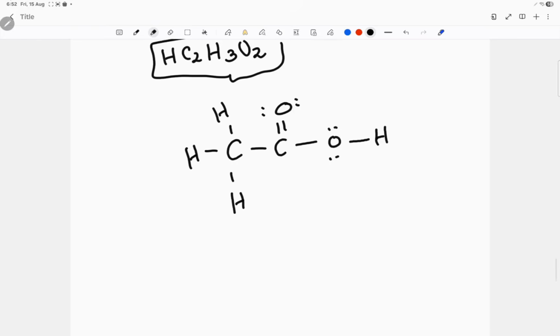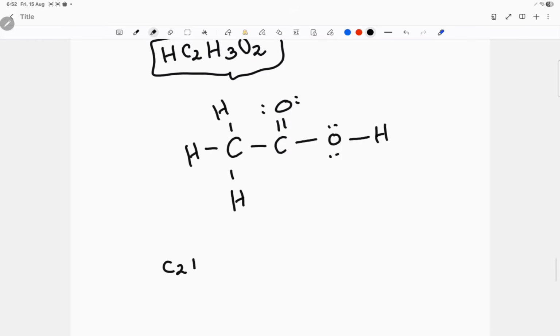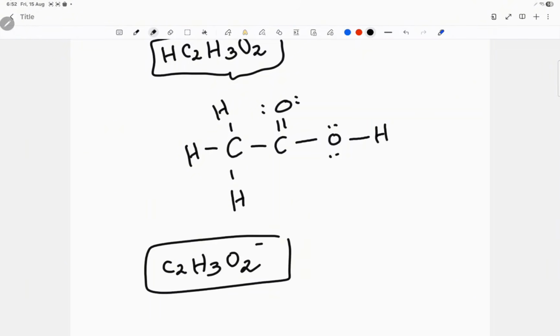Can I ask you to draw me the structure of C2H3O2 negative? Do you have to do something special since it has a negative? Well, you have to lose one of the H's. Which H is lost? There are 4. There's 3? Yeah, 3. 1, 2, 3, 4. This one? Well, what do you think? Come on, draw it for me, please.